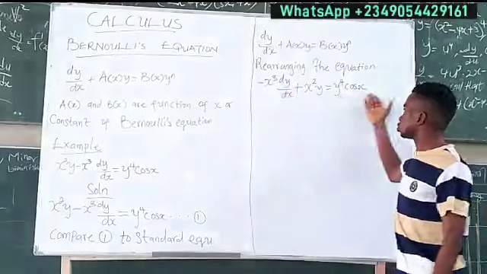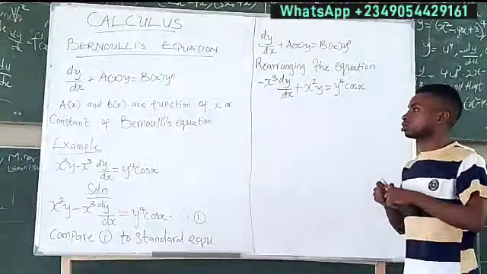You can also divide through by minus x raised to the power 3.